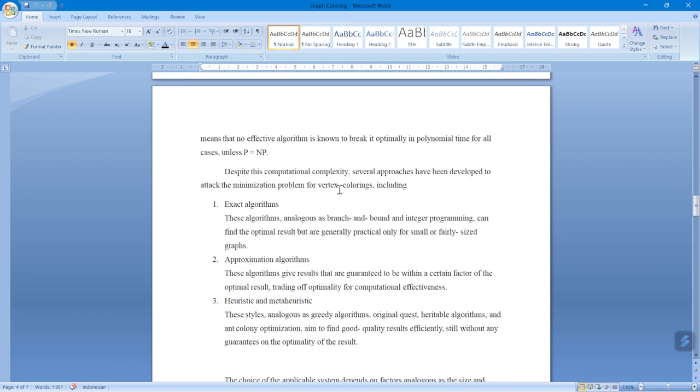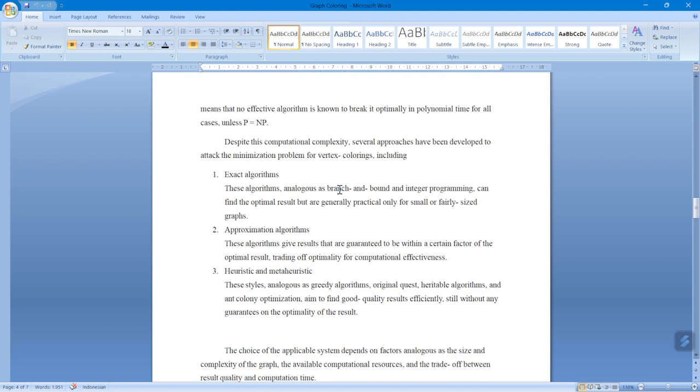Two, approximation algorithms. These algorithms provide solutions that are guaranteed to be within a certain factor of the optimal solution, trading optimality for computational efficiency. And three, heuristic and meta-heuristic approaches, such as greedy algorithms, local search, genetic algorithms, and ant colony optimization, aim to find high quality solutions efficiently, albeit without a guarantee of optimality.